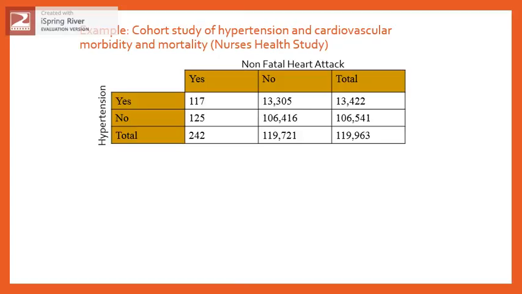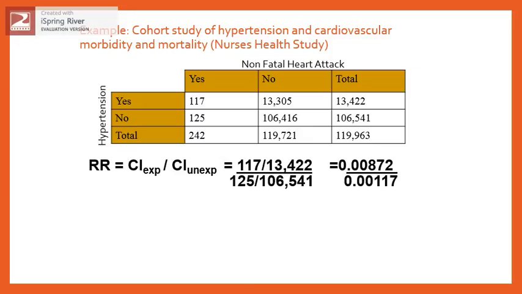Okay, yes or no. Okay, so here you don't have incidence rates calculated for you yet. So, remember A over A plus B, so that would be 117 over 117 plus 13,305, and so that number is here, divided by C over C plus D, so 125 over 125 plus this number gives you this number.